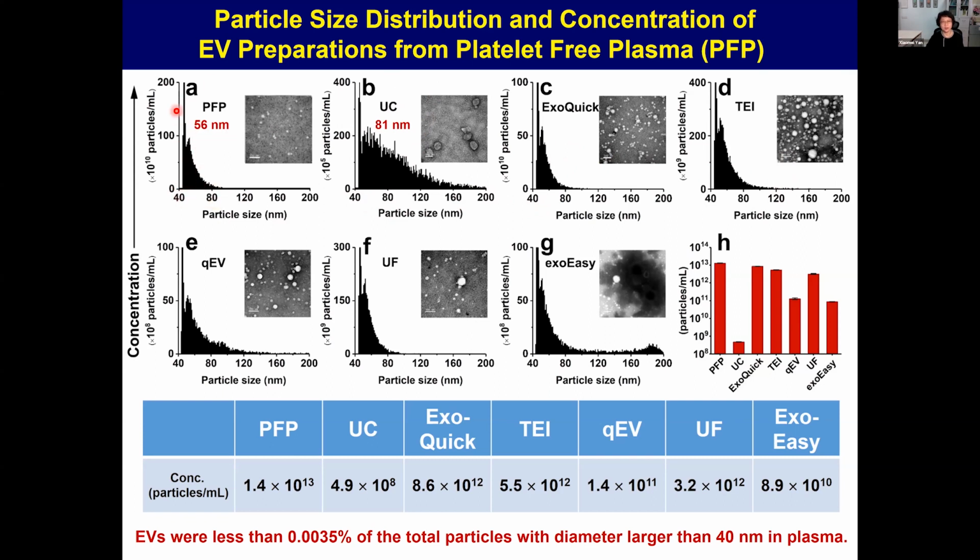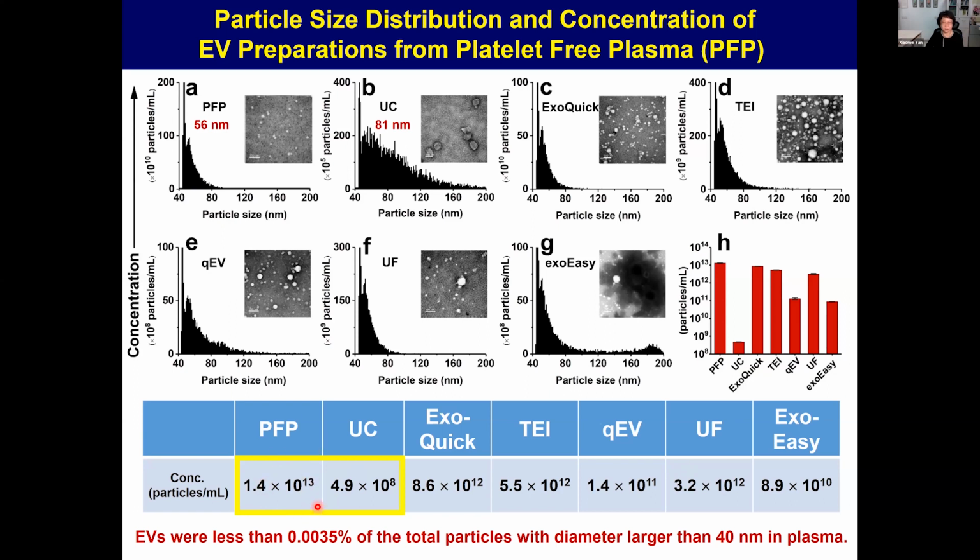We also measured the particle concentration from these isolates. Pay attention, this scale is in log scale. If we look at this table, particularly, we can see that in PFP the concentration is quite high, like 1 × 10¹³ per milliliter.